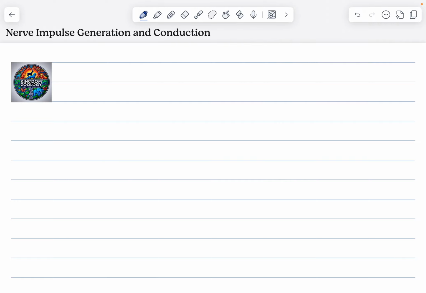Okay, so for the nerve impulse generation and conduction, let's begin with a quick revision of the structure of the neuron, because to understand impulse generation and conduction we'll be requiring knowledge about what? The structure of the neuron, of course.